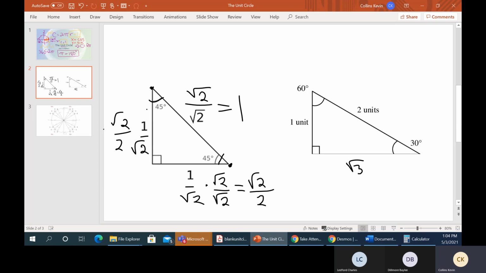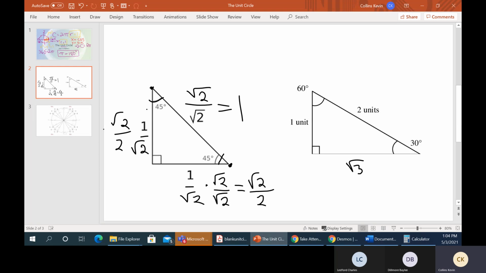Okay? Now, they like these answers. They call these exact answers. Okay? The reason they're exact is the square root of 2 is one of those numbers that's an irrational number. In other words, the decimal part doesn't ever end, and it doesn't repeat. Like if you take 1 divided by 3, you get 0.33333, and it just keeps going, right? Repeating decimals are okay.